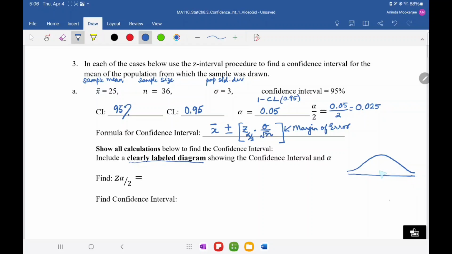At the center point, there's going to be this X bar value, because we are going to build our interval around the sample mean, also called the point estimate. So this is going to be the center point, and around the center point will be the 2 endpoints of our interval.